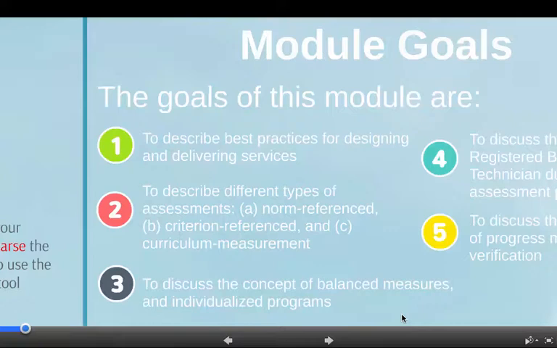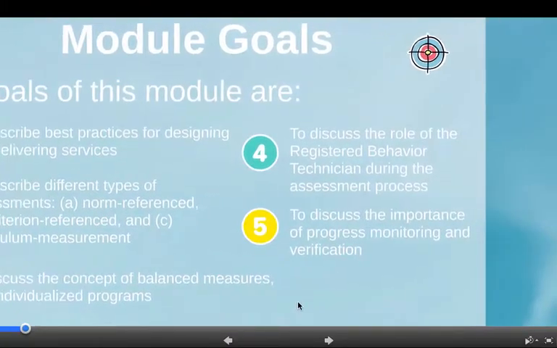My third goal is to discuss the concept of balanced measurement and individualized programming. And by balanced measurement, I mean that we really need to be evaluating and assessing all those things that matter in the individual's life and that will make a difference in terms of their quality of life. So that is something that we'll be discussing in the context of this module.